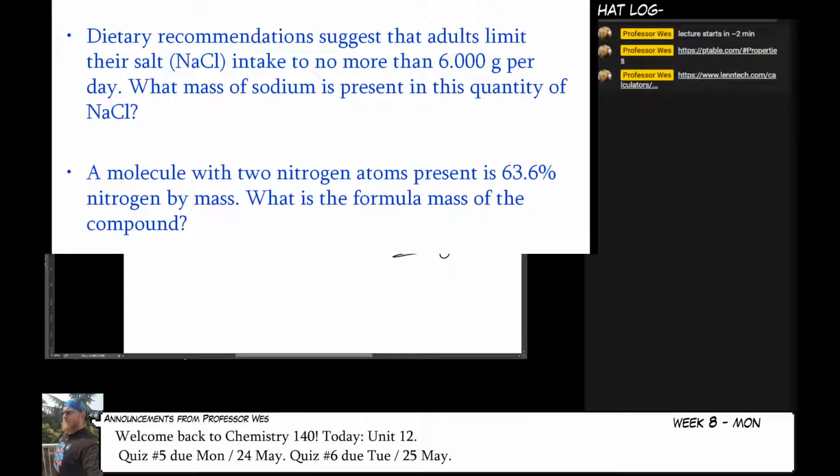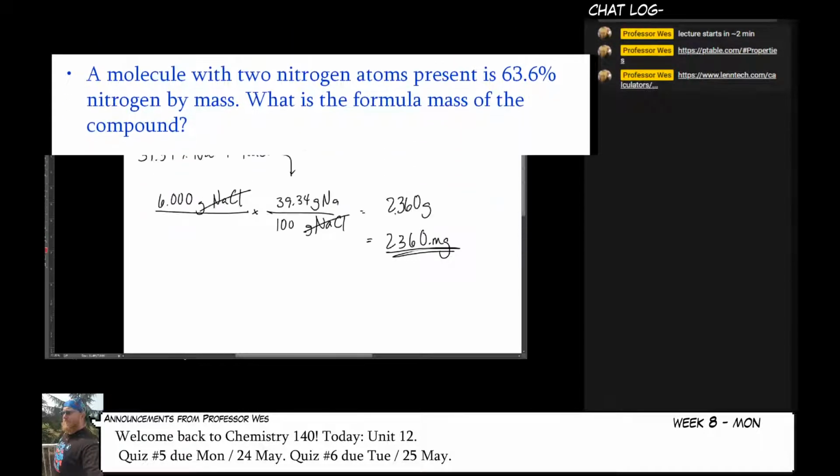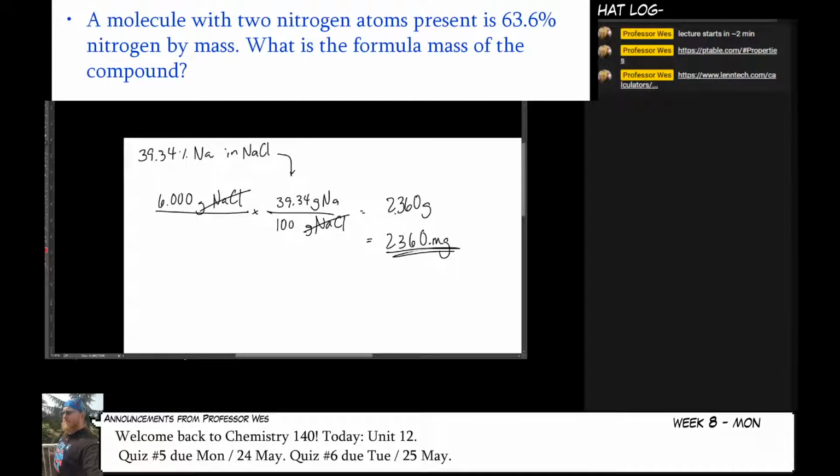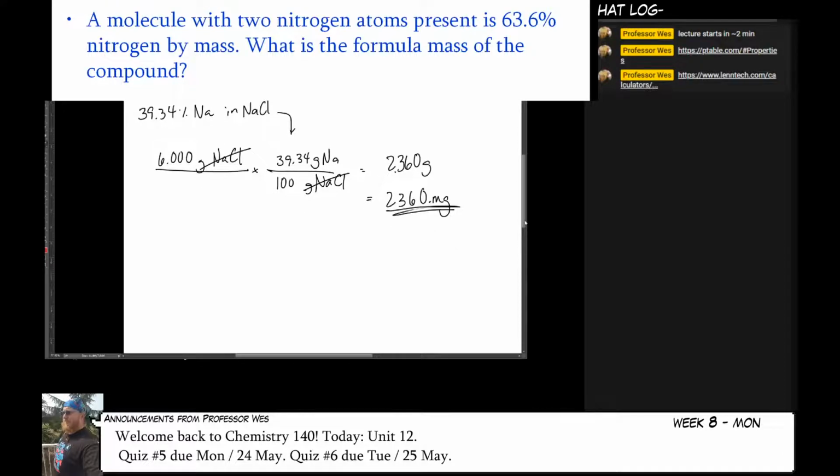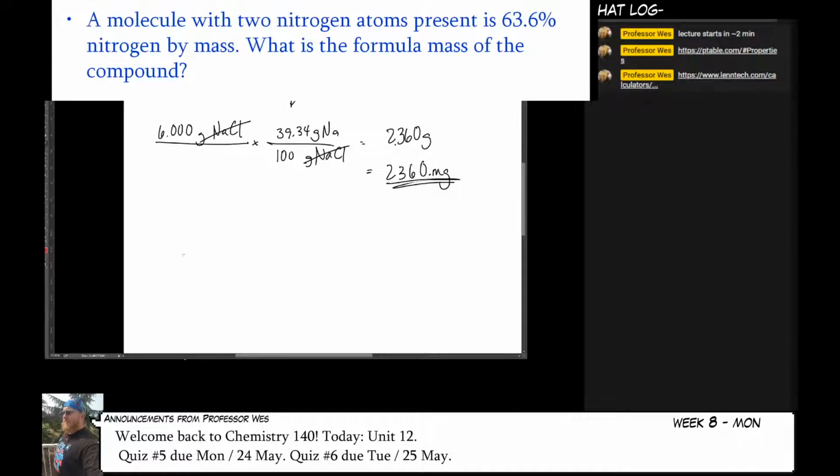All right, and then the last problem: if I have a molecule with 2 nitrogens in it, what is its formula mass if those nitrogens are 63.6% of the compound? So the mass percentage of nitrogen in this compound would be the mass of nitrogen over the total mass times 100%. Well, I need to solve for the total mass here, so I'm just going to rearrange the expression.